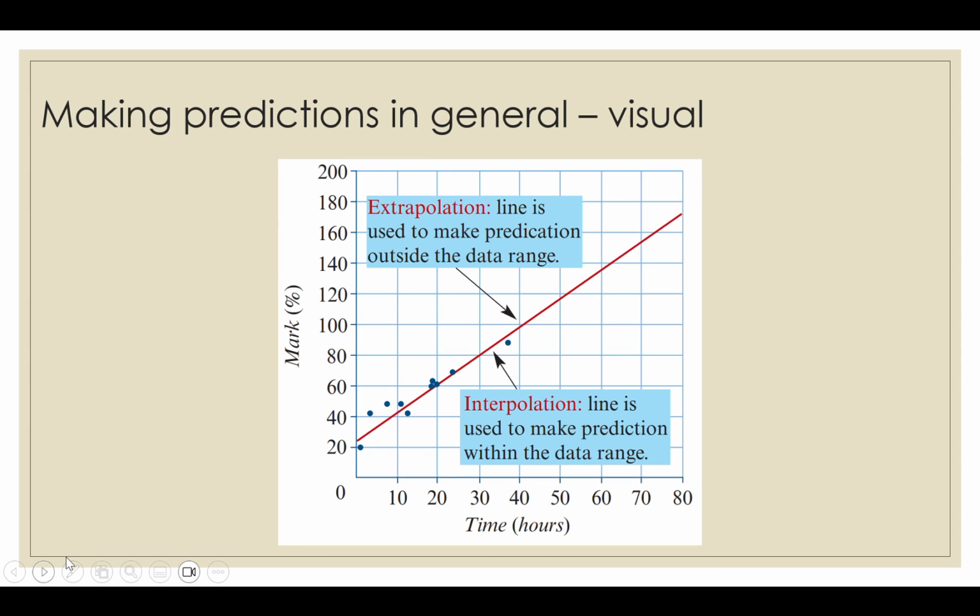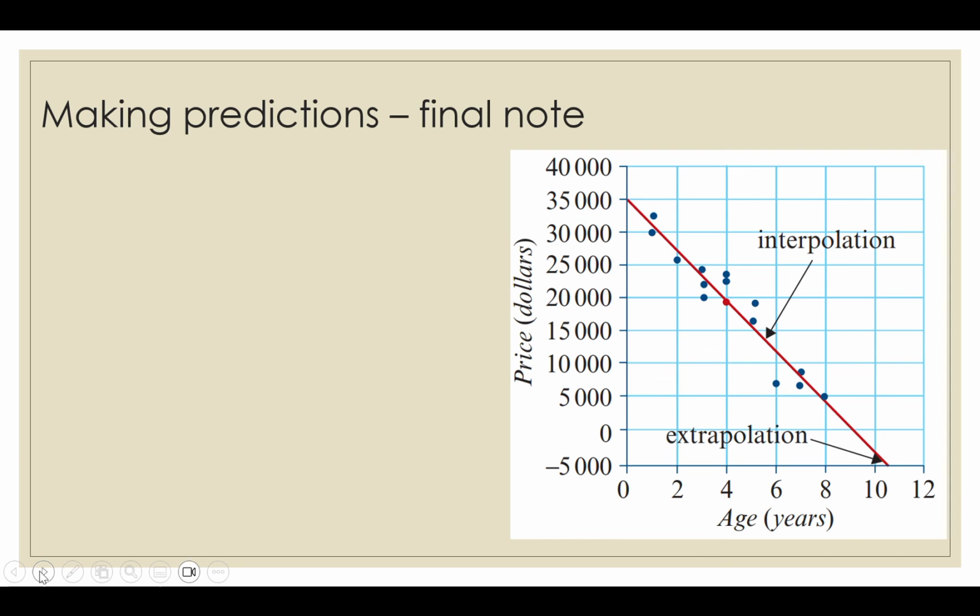Here are some examples of interpolation. You can see the last blue data point there between the two arrows. That's the last data point. Interpolation would be between that and all the other data points, whereas extrapolation would be beyond that. It doesn't have to be far beyond, but as long as it's beyond it, it's called extrapolating. Once again, you can see some examples there. An interpolation prediction would be the 5.5, like what we did.